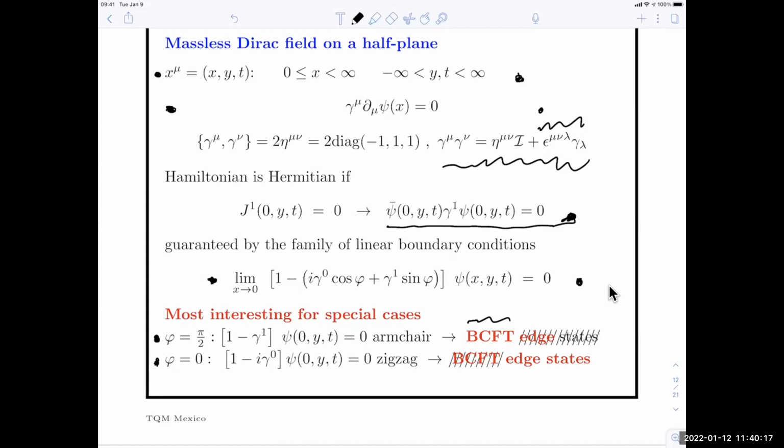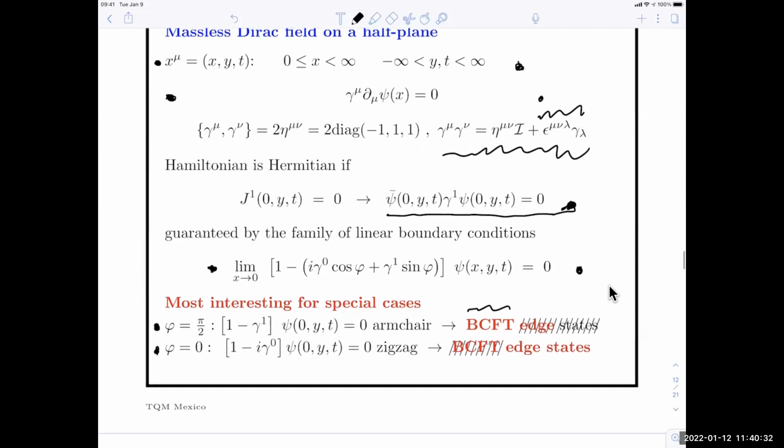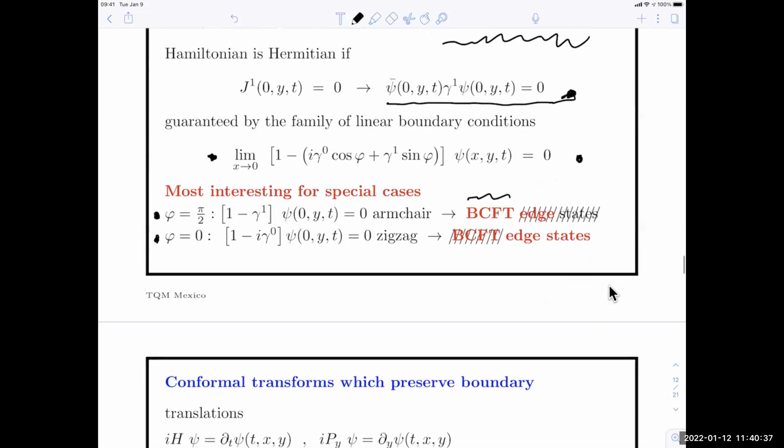However, it is still interesting in that the zigzag edge supports edge states. And this was noticed a long time ago in the mid-1990s, and there's been tons of discussion in the literature about it. And I'll tell you a little bit about what goes on, of course, pulled up to my point of view.